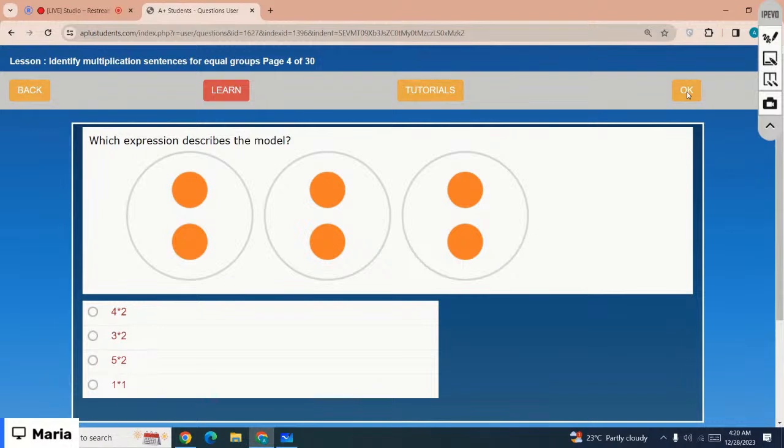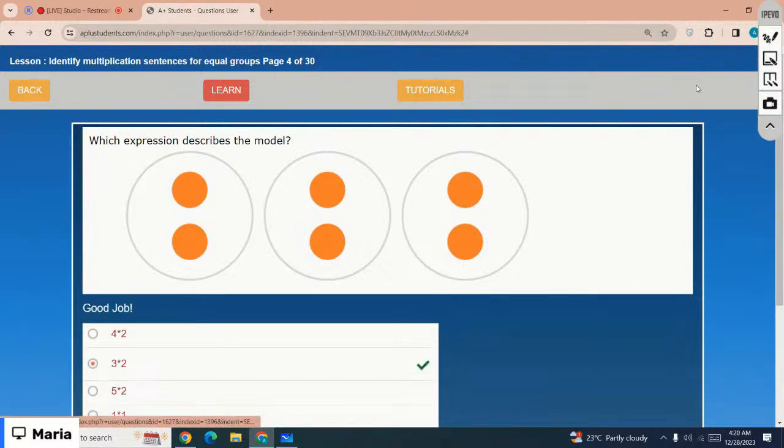Yes, you have 3 groups, and in each group you have just 2 dots. You don't need to solve, you just have to write the expression, right? So you can write it as, very good, 3 times 2. Option number 2 is the correct option.